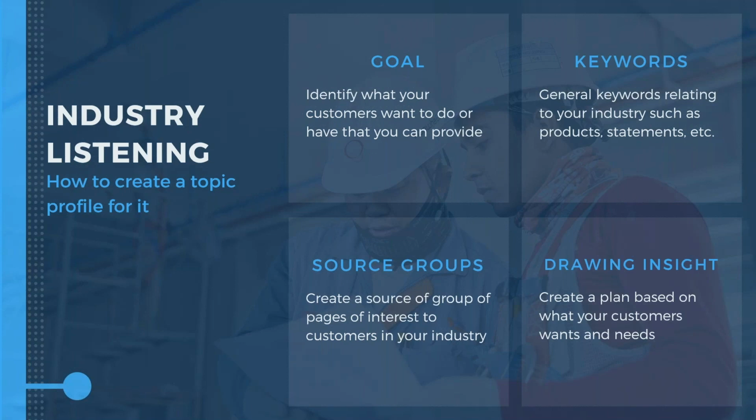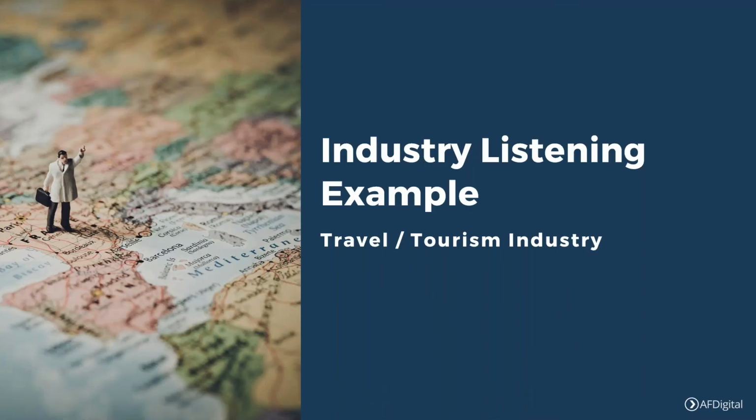And this actually goes back to what we call social selling, which is identifying which customers want this or want that. So in this example, I'll be using the travel and tourism industry. Let's say I am a small business performing in the travel agency industry in Australia.